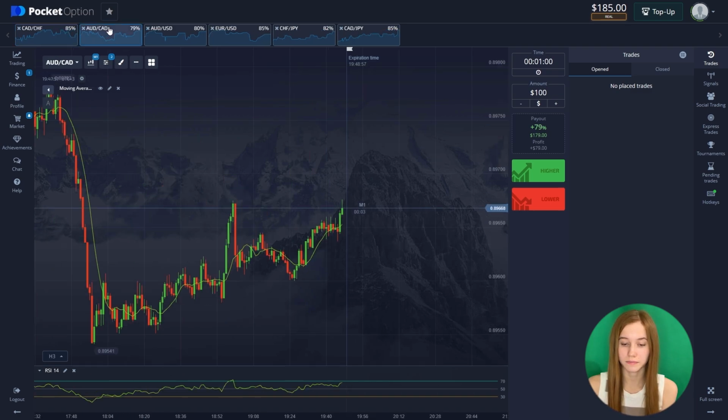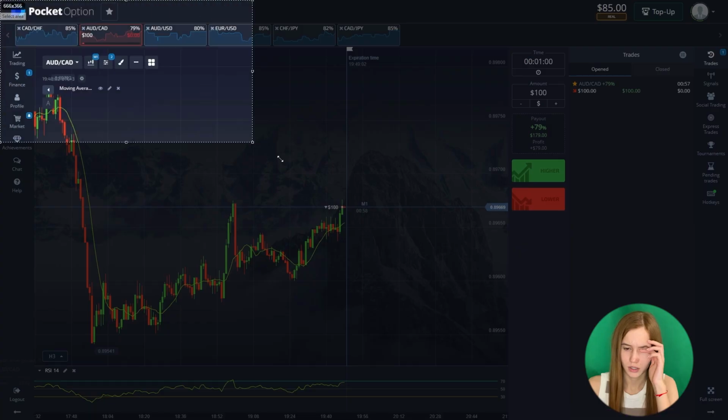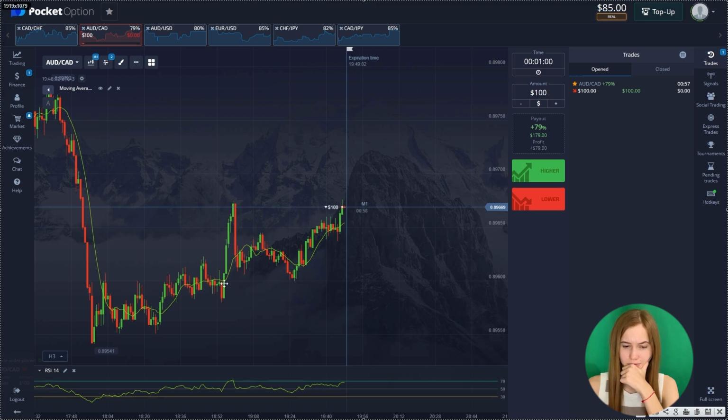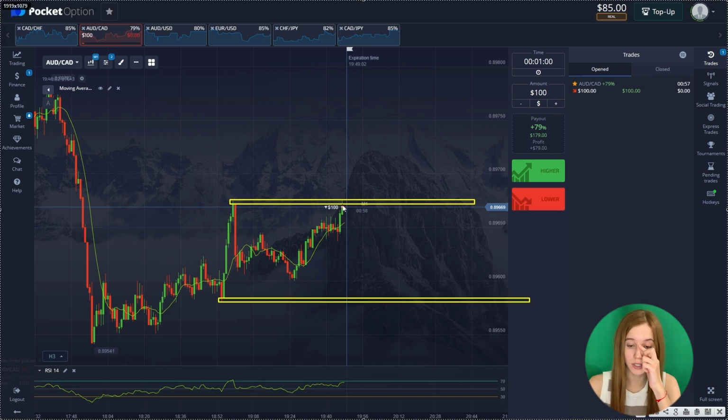Here we open down, and we start our technical analysis. What we see here, by technical analysis, is a resistance area and a support area. We reached the resistance area, with a shadow from above.